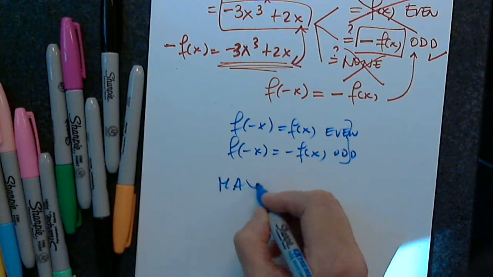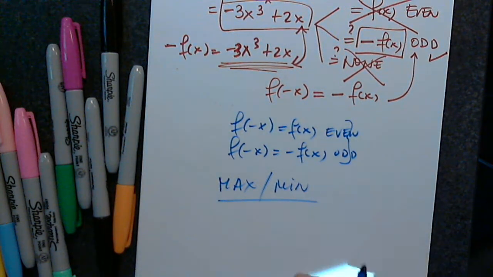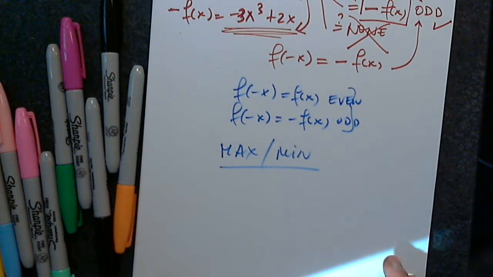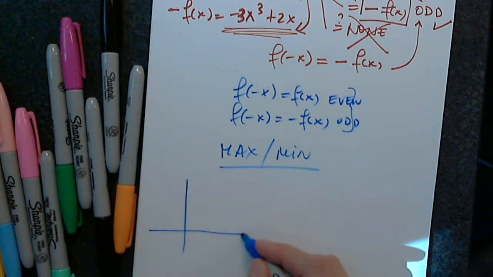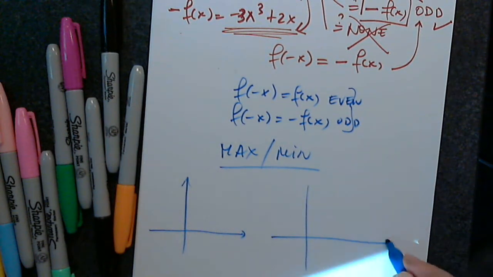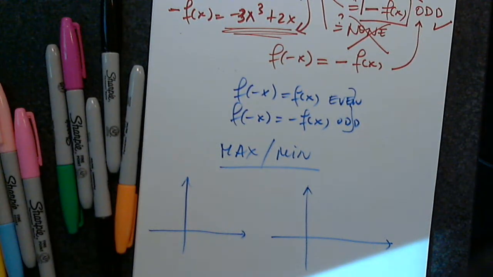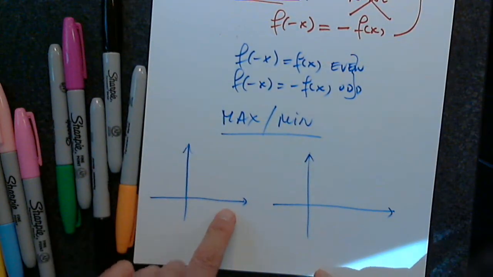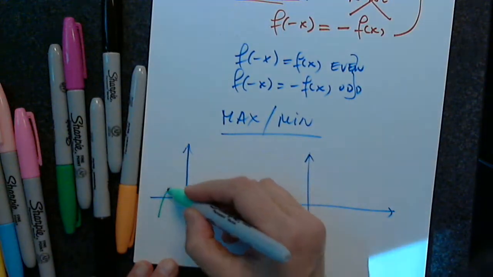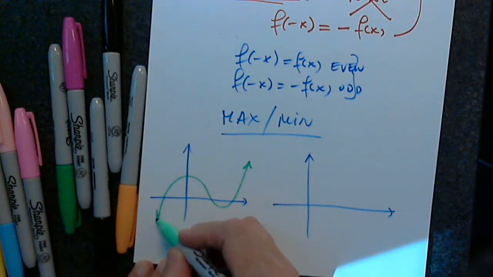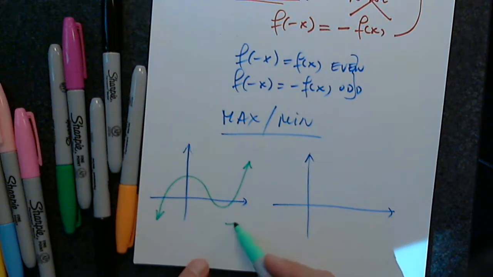And now let's talk about max-min. Let's look at two different situations. One situation in which a function, and then we'll work on problems in a minute from your book. So here's the first situation in which a function, can anyone identify the domain of this function?